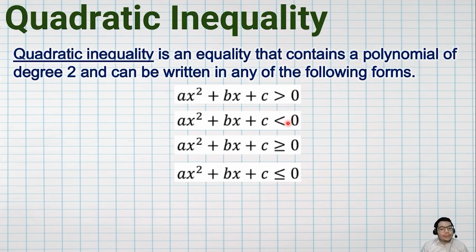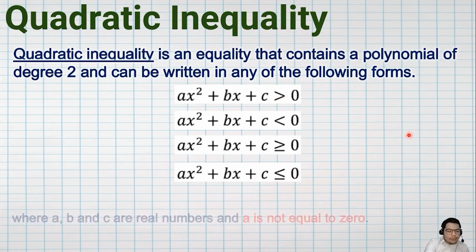So we can use greater than, less than, greater than or equal, and less than or equal. But as you can see, this is exactly or somehow the same as our quadratic equations standard form. Ang pagkakaiba lang, ang gamit natin instead of equal sign are the different inequality symbols.